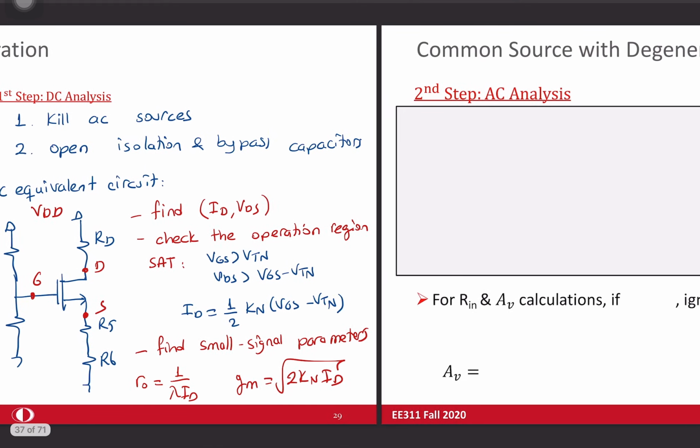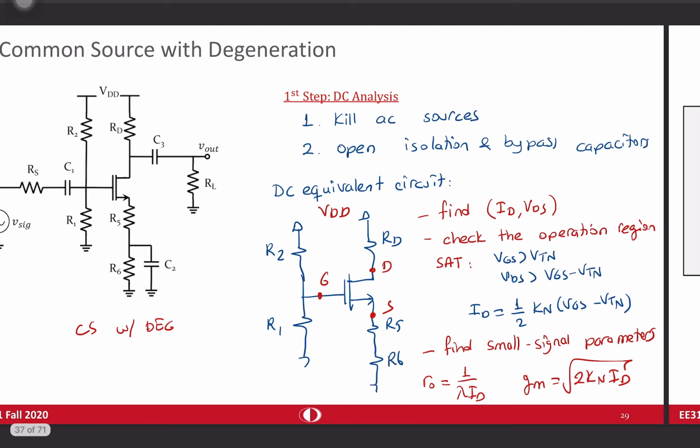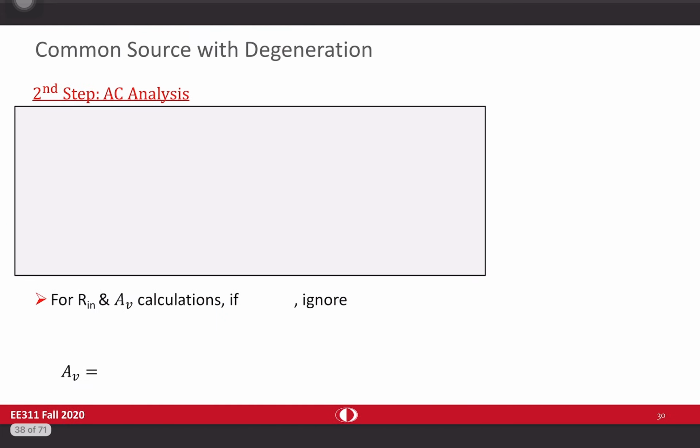The second step, AC analysis. And for the AC analysis, let's remember the items. Kill, so this is for small signal or AC analysis. Kill DC sources. Short isolation and bypass capacitors.